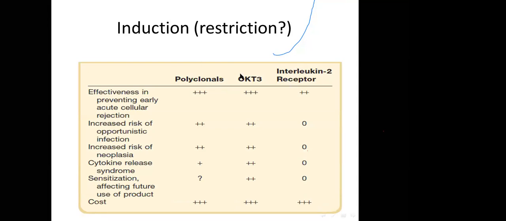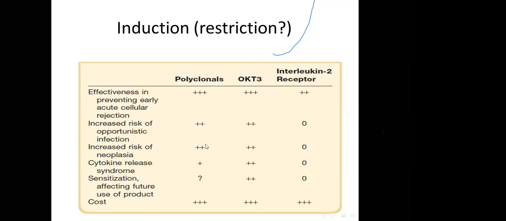The difference between the two kinds of induction is that ATG is depleting. It causes destruction of all T cells and B cells. Interleukin-2 receptor, which is anti-CD25, is only a receptor blocker. It doesn't cause depletion. So you can imagine this is a weak drug and ATG is a very strong drug, but because it is very strong, it increases the risk of infection and malignancy.